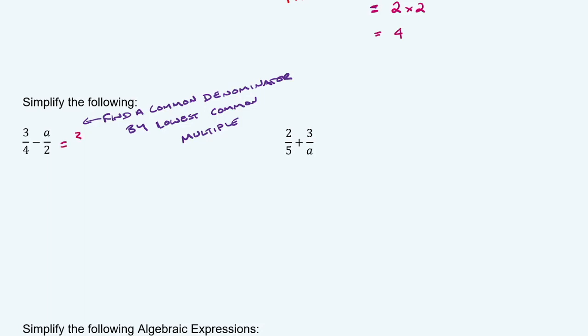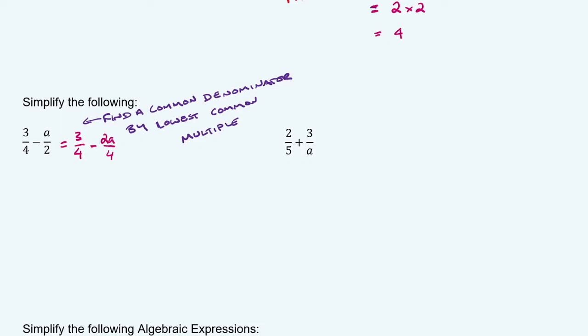So the first fraction isn't going to change, but what do we do to the 2 to get 4? Well, we doubled it. So what you need to do is do the same thing to the top. So I double the 2 at the bottom to get 4, and I need to double the a at the top, so that's going to be 2a.